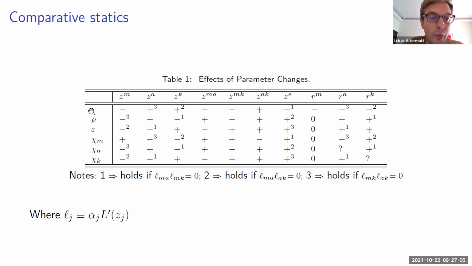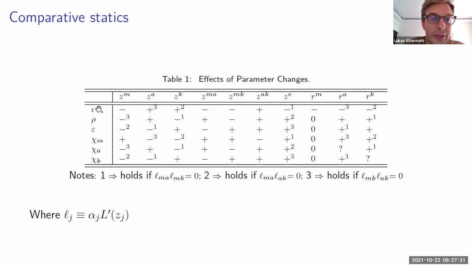One thing we can show is the direct effect: higher iota means higher opportunity cost of holding money, so that reduces the holdings of money. Higher rho, a higher dividend for the asset, makes the asset more attractive, so this increases the asset holdings. Higher epsilon, higher marginal productivity of capital, makes capital more attractive and increases holdings of capital. So these effects are unambiguous.